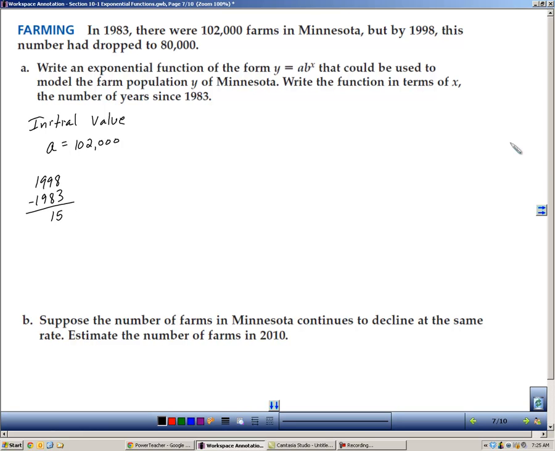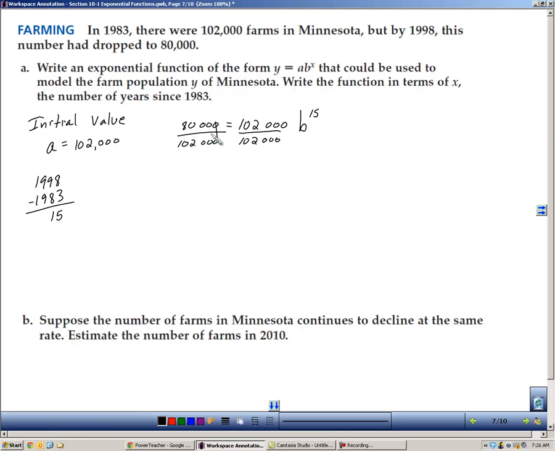So since x is the number of years since 1983, my x value is going to be 15. And I don't know my b value because that's what I'm trying to find. I do know my A value is 102,000, which is my initial value, and then after 15 years, I end up getting to 80,000 farms. So I can plug 80,000 in for y, because that's how many farms I get after 15 years. And I can use this equation to solve for the b.